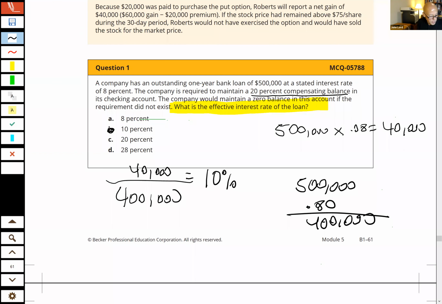Now, I think what happened is if you chose A, you might have said 500,000 was the amount that they borrowed, which was available to them. Is that where the 8% comes from? Guys that chose A? Yes. Yeah.